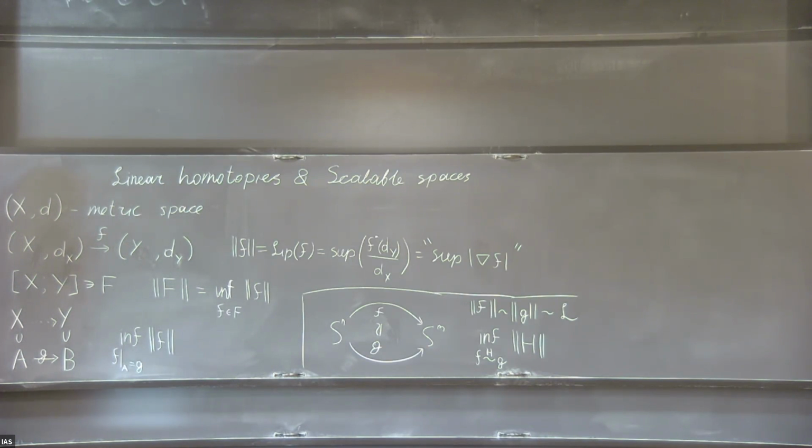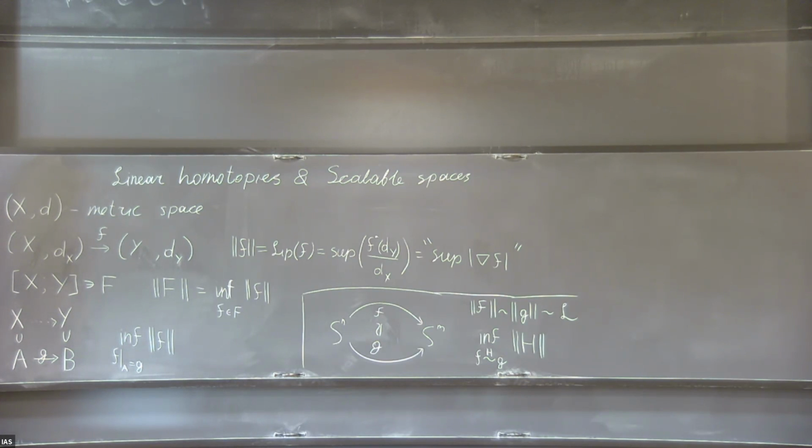Or, for example, we want to extend a map, so we have pairs (X, A), (Y, B), and we have a mapping on the subspaces. We know that it is extendable from a topological point of view, and we want to say something about how good an extension we can build, given that we start with a mapping that we know something about.